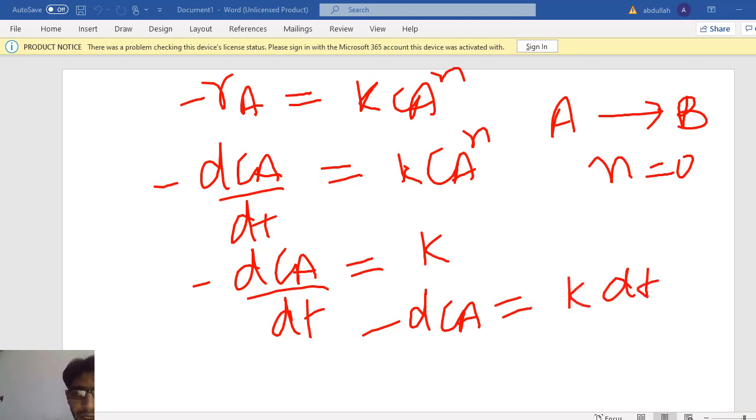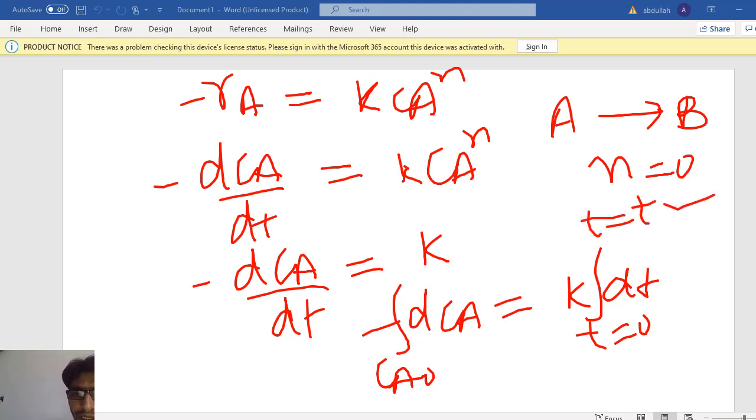Now take the integral from time t equals 0. At time t equals 0, CA equals CA0. At some later time t, CA equals CA.